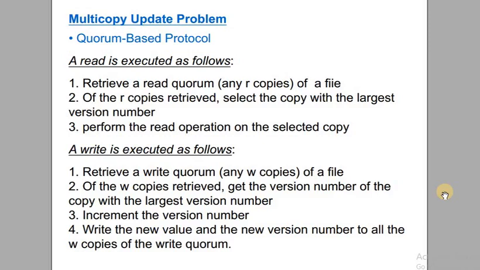So a new version is created, and you write the new value, that is the content, and the new version number, to all the W copies of the write quorum, because you picked W copies, right? So if you make any changes, you first change the version number, then give the new content or modification, and then let the other copies know about it as well.